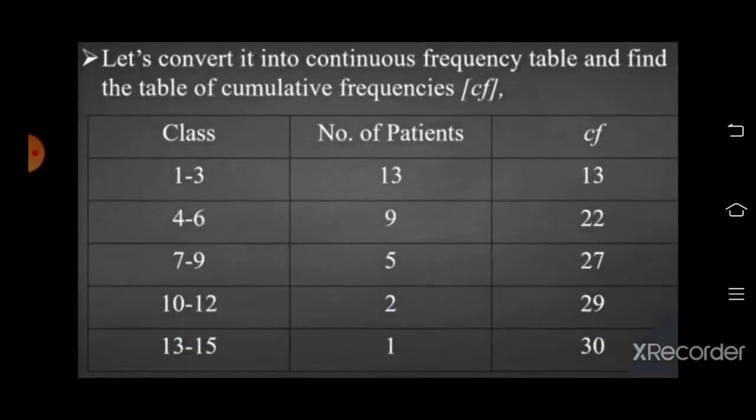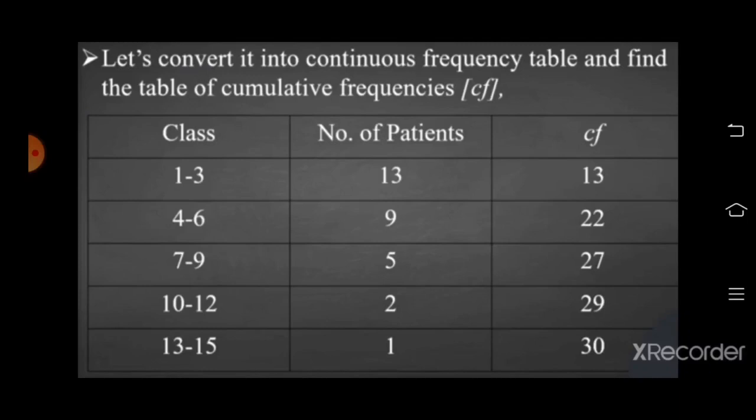Now we convert this raw data into a continuous frequency distribution on the basis of the class given in the sum, 1 to 3. Minimum observation is 1 here and maximum observation is 15 here. Initial class 1 to 3 is given.